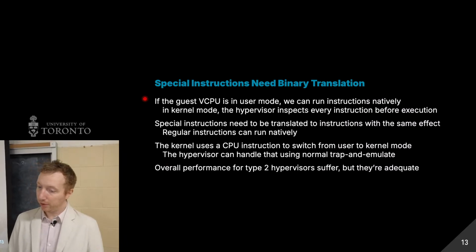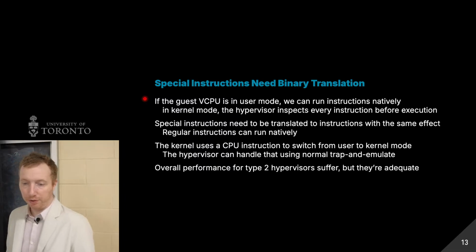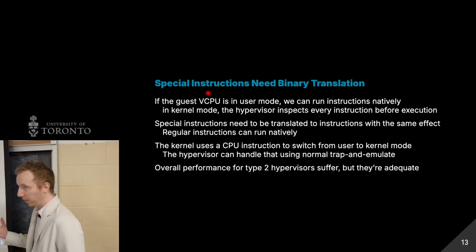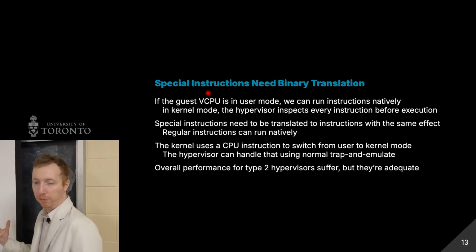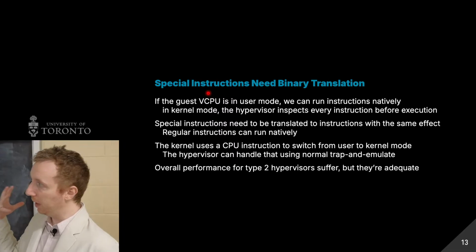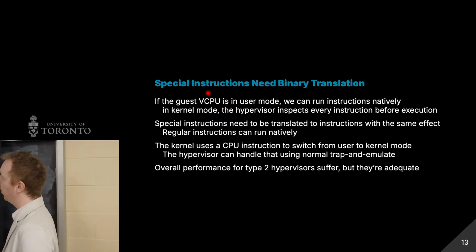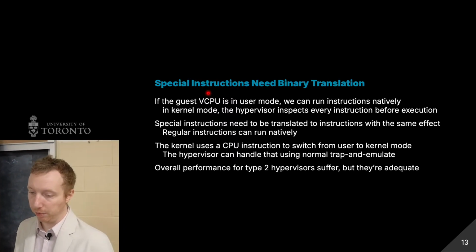So these special instructions need something called binary translation. If the guest virtual CPU is in user mode, so one of the states it would have is what mode the CPU is supposed to be in, and the guest operating system also thinks it's in user mode, we don't have to do anything. We can just run instructions natively as before.